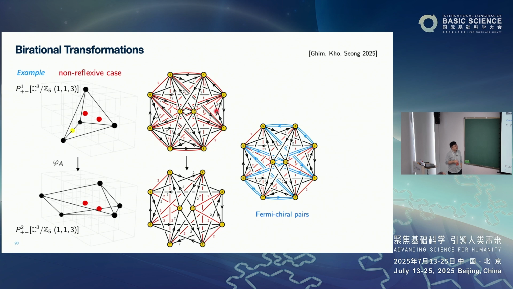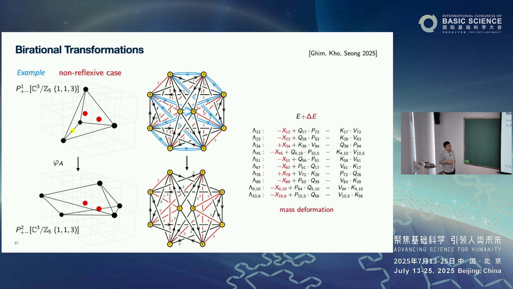It becomes rapidly very complex. You can see how many different gauge groups and fields I have, but I can still identify the Fermi-chiral pairs that relate the two, and I can associate to each of these Fermi-chiral pairs an additional mass term that I can add to the E terms. By integrating them out, I go from one (0,2) theory to another (0,2) theory.